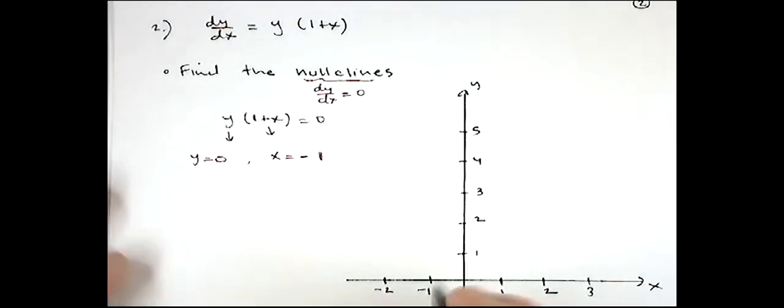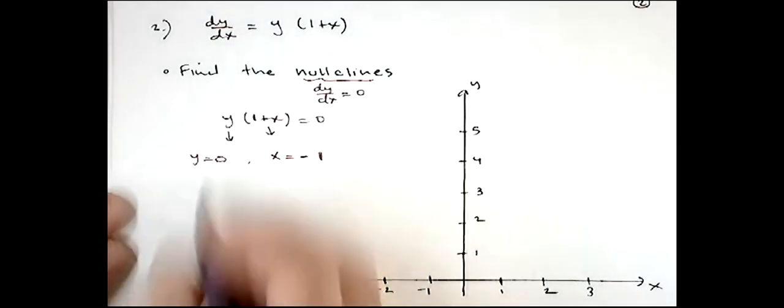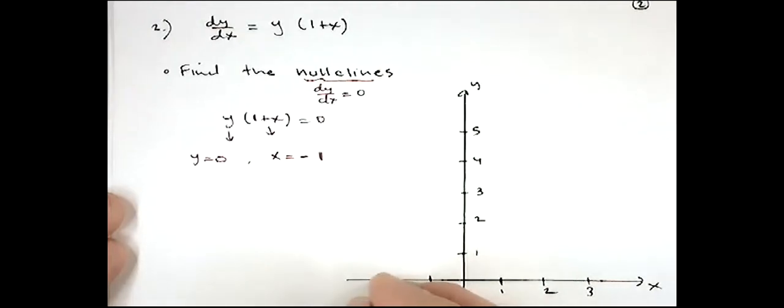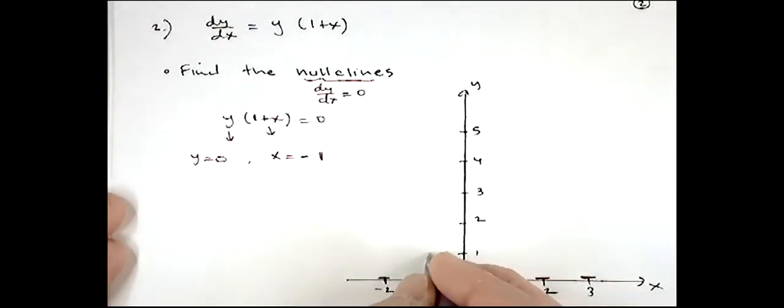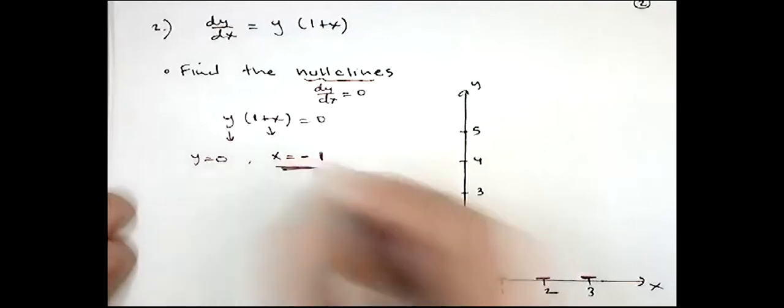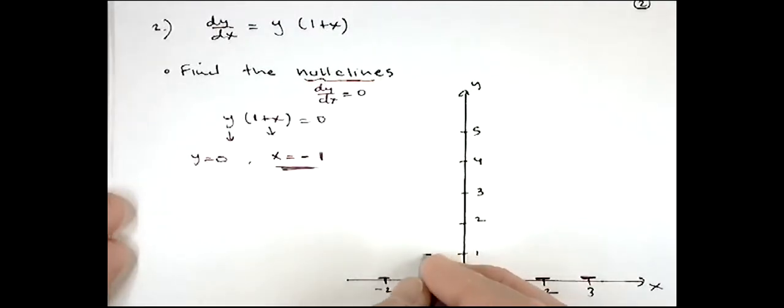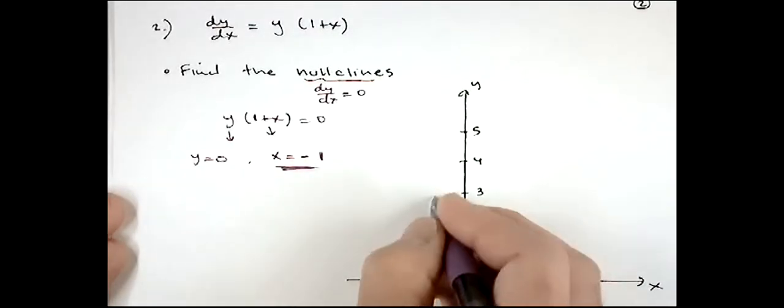So what this tells me then is, in addition to y equals 0, which is the x-axis, I know my direction's 0 there. I know I'm going to have horizontal little vectors or hash marks there, but also along the vertical line x = -1. Anywhere along this vertical line, which is going straight up, my slope is going to be horizontal.